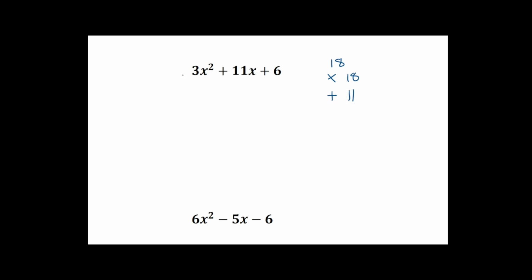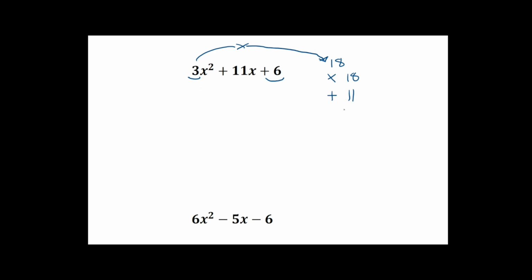So again, what I did, I took the number in front of the x and I took the constant term, I ignored the middle term, and I multiplied them together to get that term. Okay, so I need two factors of 18, multiply to give us 18, and add to give us 11.